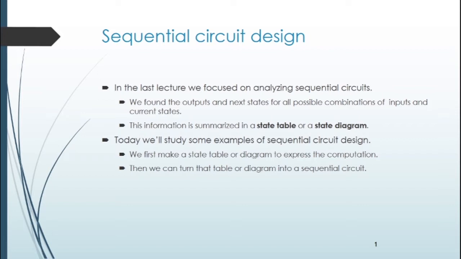Today we'll study some examples of sequential circuit design. We'll do the totally opposite. We'll start with the explanation of the sequential circuit. Then we'll make a state table or diagram to express the whole set of transitions, and then we'll turn that table into a sequential circuit. That will be the last step.